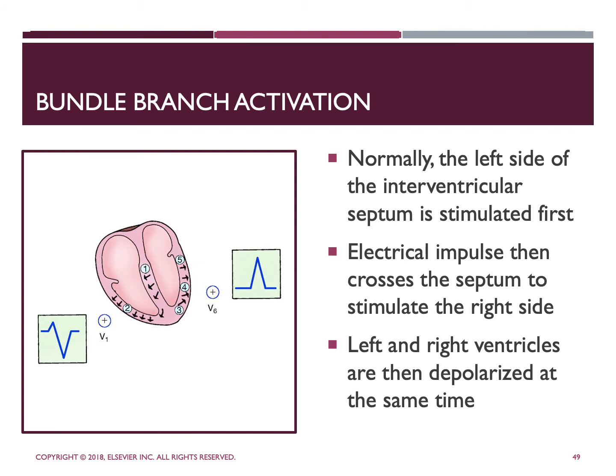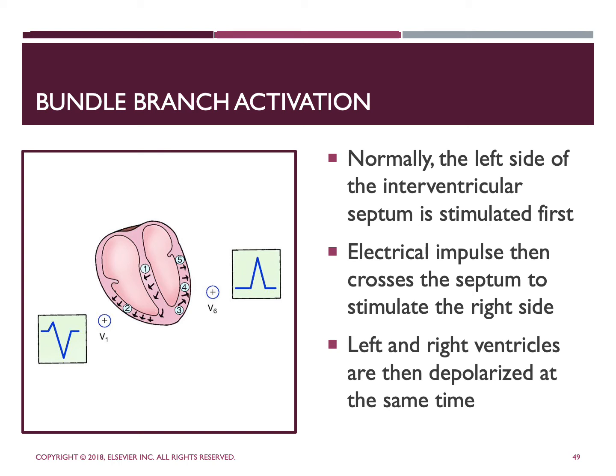What you're looking at in this picture is the sequence of normal ventricular depolarization and the resulting QRS complex as seen in leads V1 and V6. You'll see V1 on the bottom left, and V6 here on the right. The wave of normal ventricular depolarization moves from the endocardium to the epicardium.